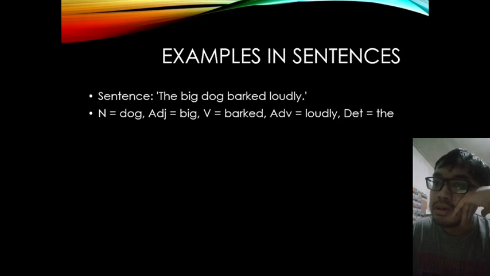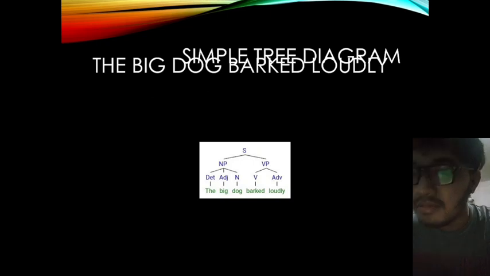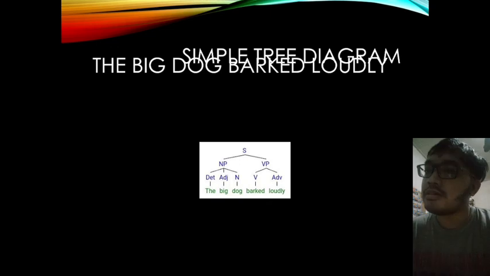And then examples in a sentence. Sentence: the big dog barked loudly. The noun is dog, the adjective is big, the verb is barked, the adverb is loudly, and the determiner is the. This is a simple tree diagram. Sorry if it's too small.